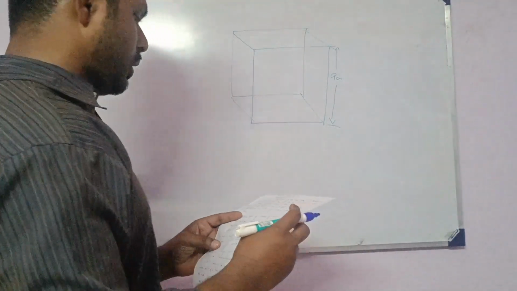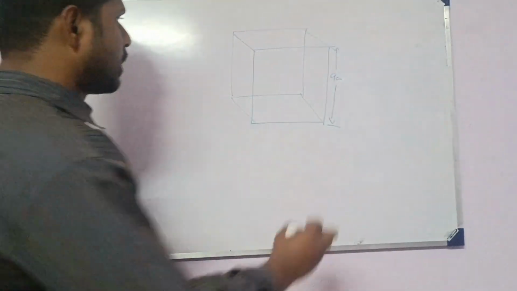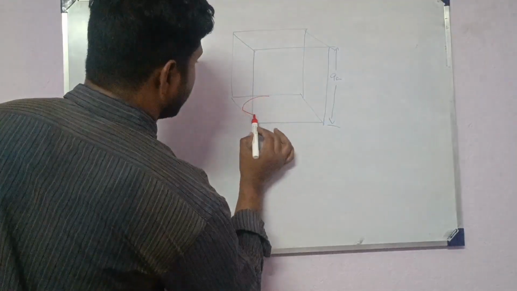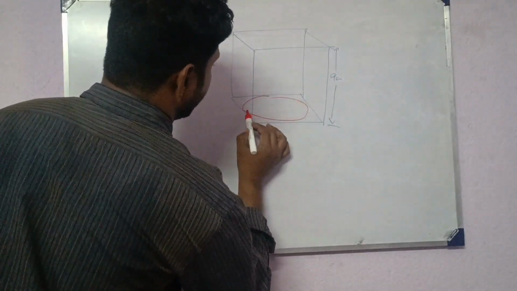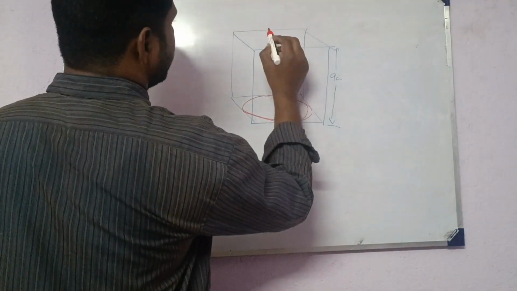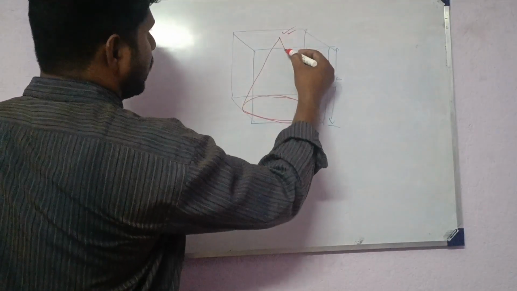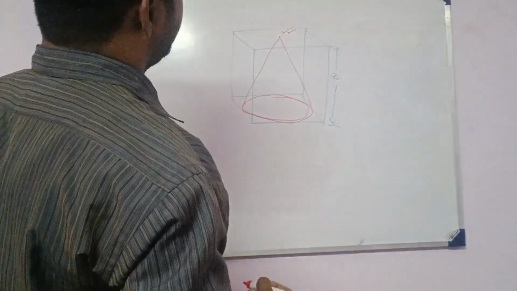You have to cut out the largest right circular cone. So the largest right circular cone will look like this, the base will touch the whole face like this, and from the point of this surface, this will be the right circular cone.